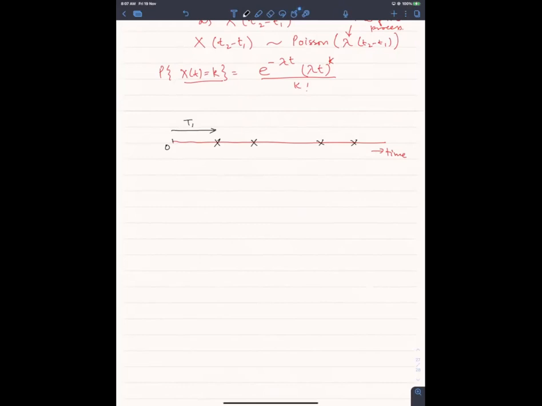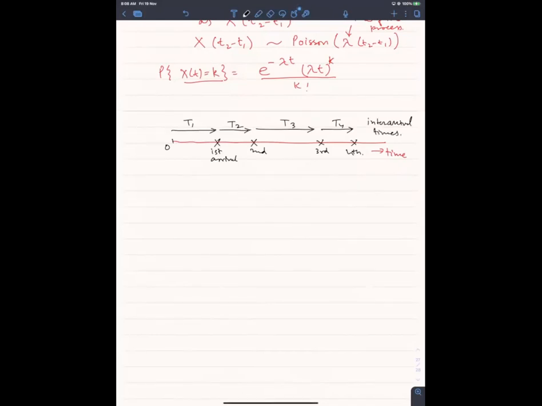This T1 is called the inter-arrival time between 0 and the first arrival. This is the first arrival, this is the second one, the third one, the fourth one, and so on. The time until the next arrival is T2, T3, and then T4. And these T's are called inter-arrival times.